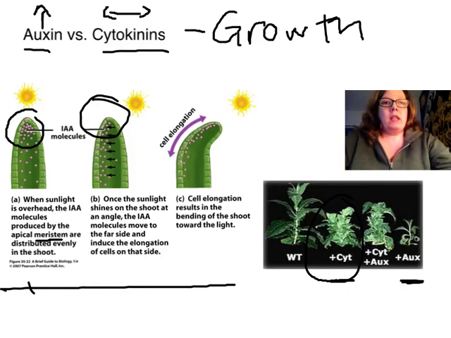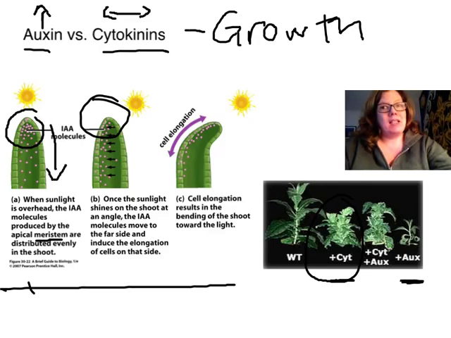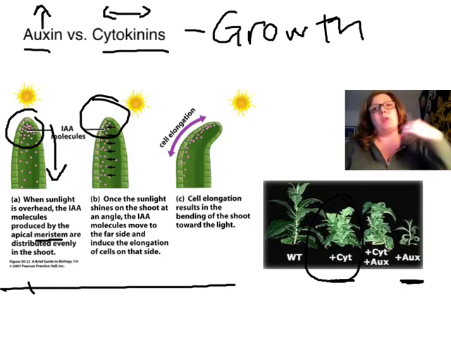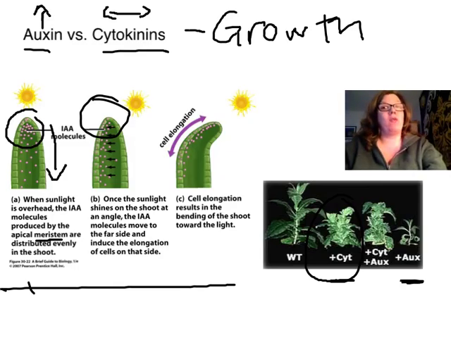However, notice that as you look at this picture, the concentration of that auxin gets less and less as you move down the stem. So as you move further down the stem, the lateral meristems, the sideways meristems, which produce cytokinin, can take over, and you can get a plant that gets a little bit bushier.